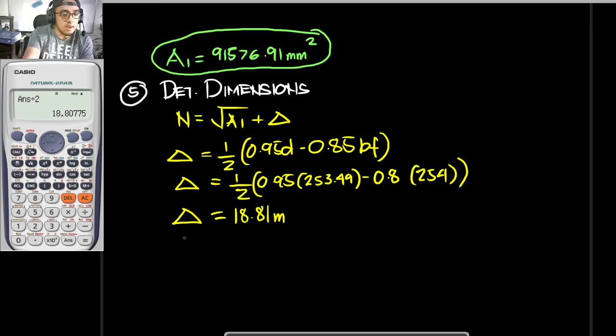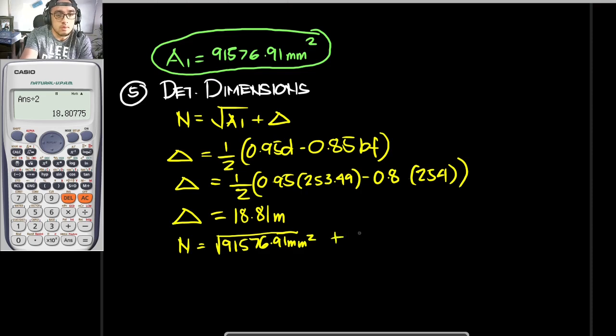And by that, the value for n would be equal to the square root of area 1, and the square root of area 1 would be the square root of 91576.91 millimeter squared plus our delta. So that is to be 18.81 millimeters.